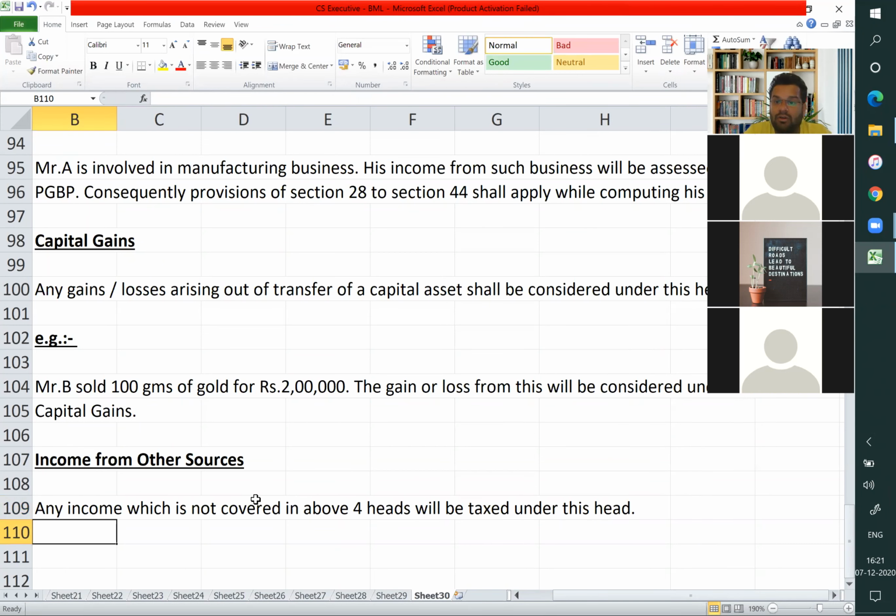That means this head is a residuary head of income. Residuary head of income means whatever income cannot be accommodated in salary, house property, PGBP, capital gains will be accommodated in income from other sources. Is the point clear?